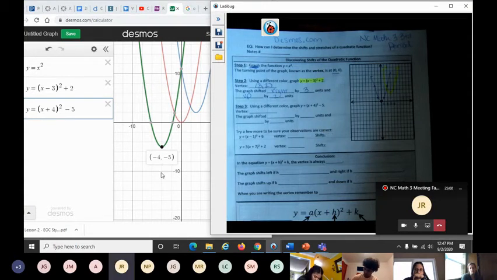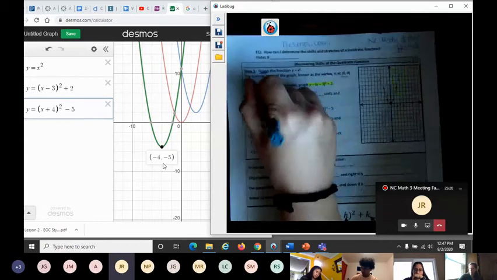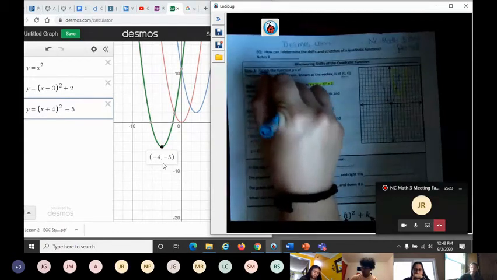Y equals X plus 4. No, that's the actual function itself. I have clicked on the vertex on the graph. Can you tell me what it is? Is that the -4 or -5? Perfect, yes. So our vertex is -4, -5.